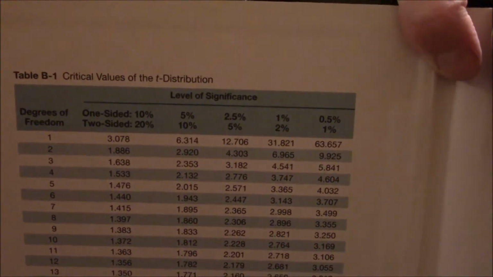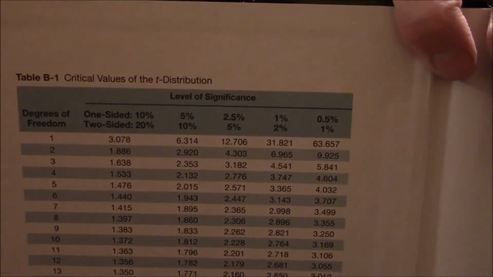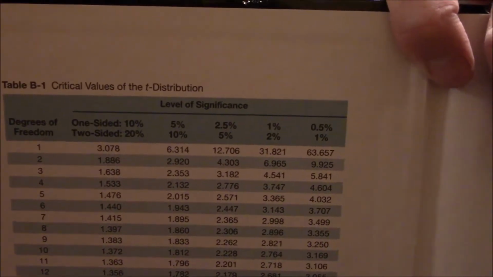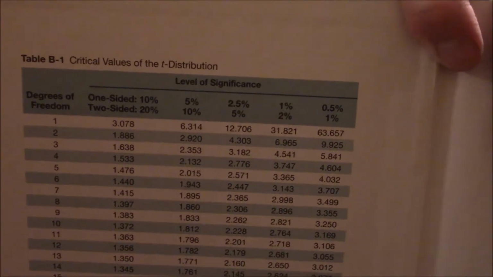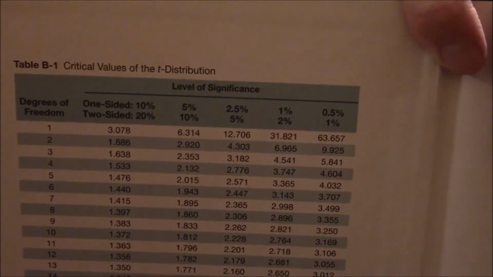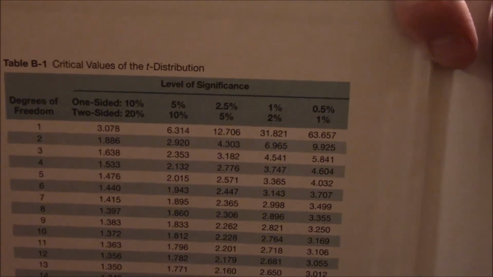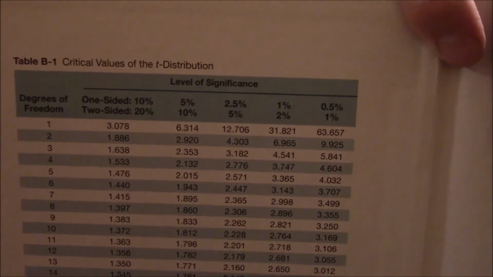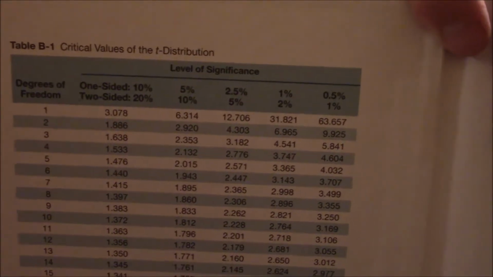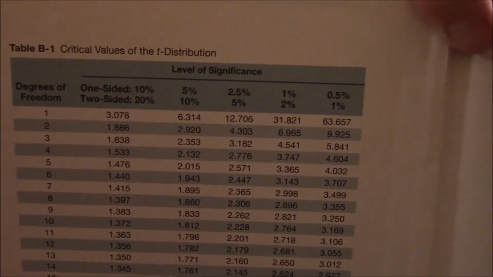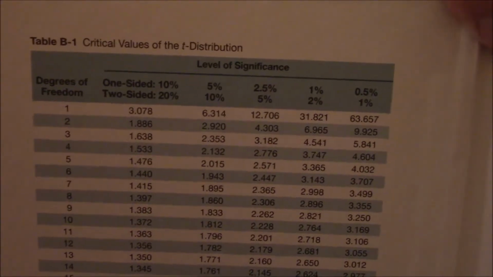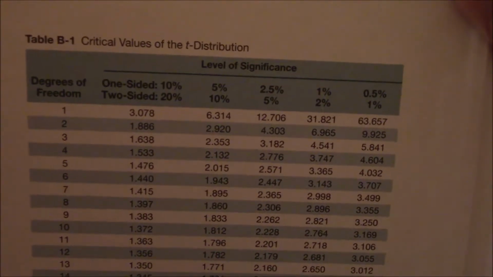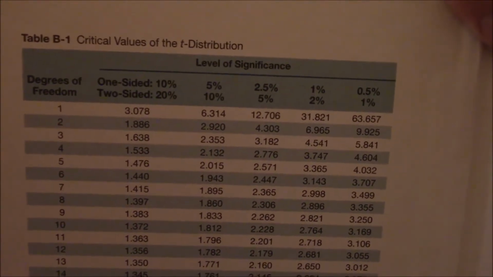And then, am I looking to see if it's significant at the 10% level, the 5% level, 2.5, 1, half? I'll tell you more about that later. And on the two-sided, I told you that we wouldn't do the very first one, the 20%. The only reason it's there is because it's the same thing as a one-sided 10%. But anyway, that's not really important. On the two-sided test: 20%, 10%, 5, 2, and 1.